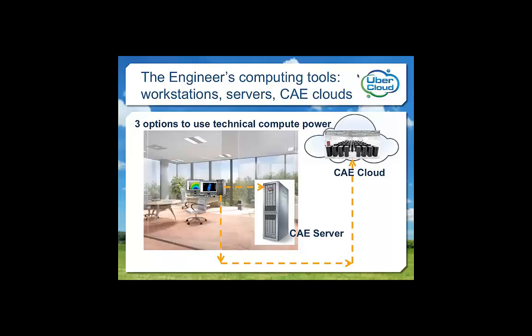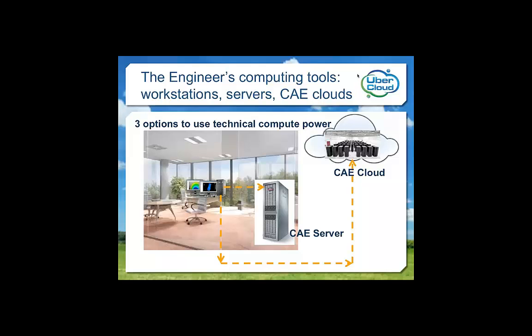These could be in their data centers, these could be in their office environments. They have clusters where they can offload some of these simulation tasks. And recently we see an emerging market of CAE cloud providers. These are professional data center providers who can provide access to powerful clusters in the cloud, remotely accessed, on demand, and basically at your fingertips when you need it, and not around when you don't want it.